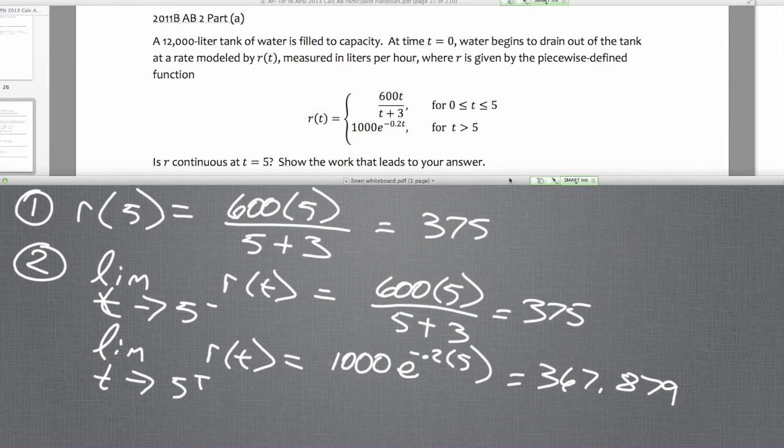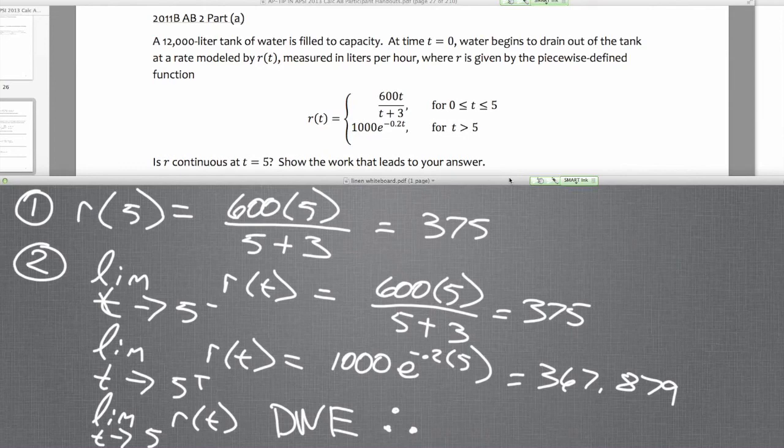So what does that tell me? I need to show that the limit does not exist, and then I need my therefore statement. So I do my 3 dots, and what's my therefore statement going to say? R is discontinuous.